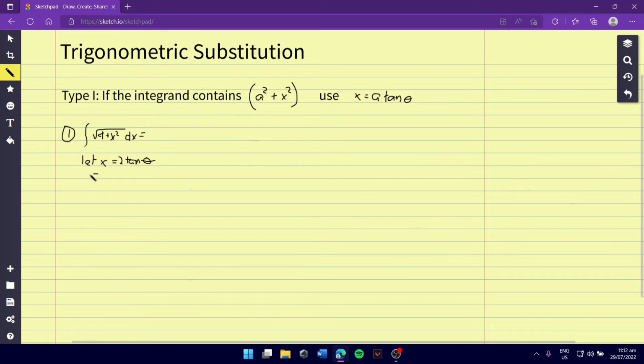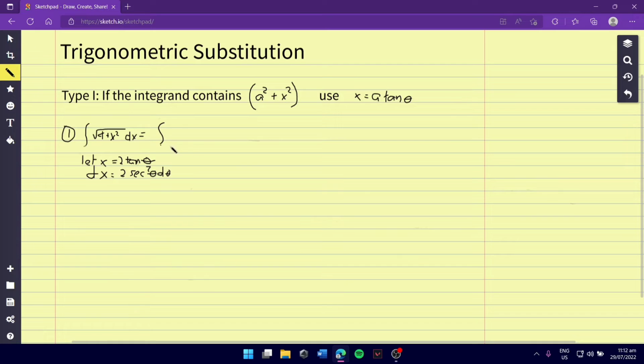Next, we'll find the dx. The derivative of tangent is secant squared, so we have here 2 times secant squared theta d theta.